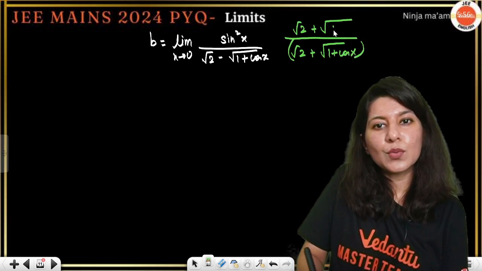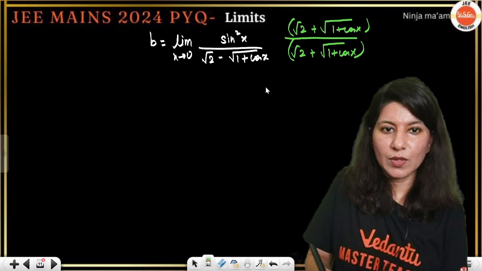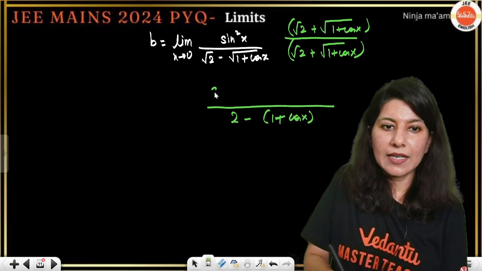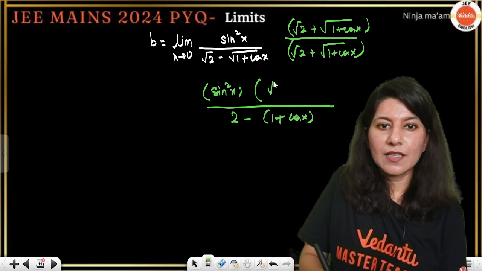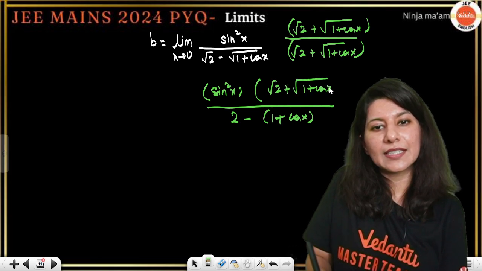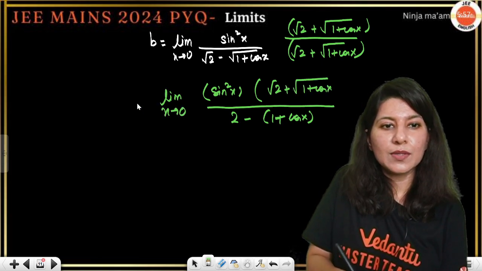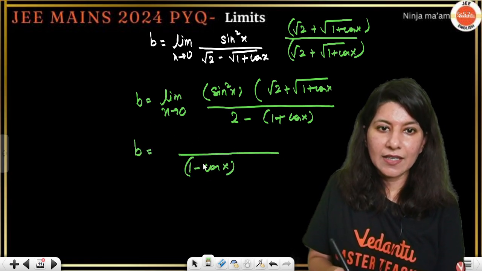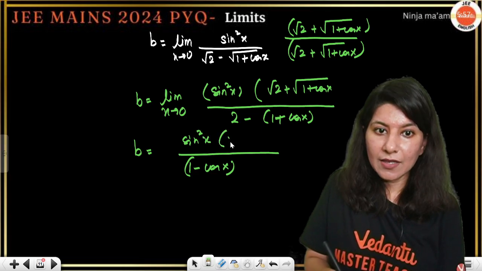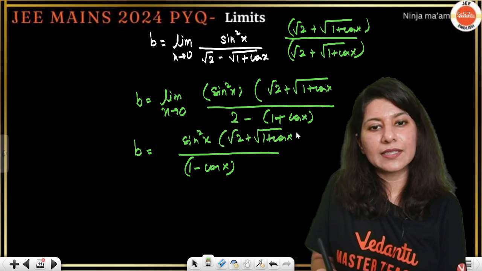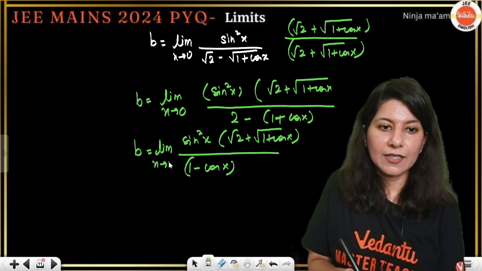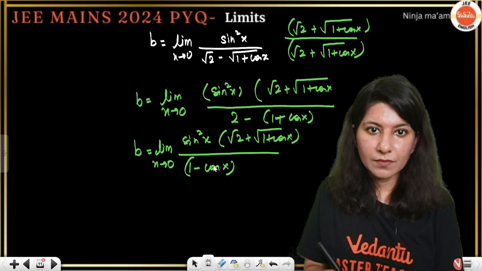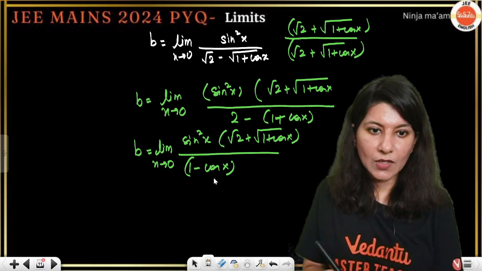So 2 minus 1 plus cos x and sine square x, over root 2 plus root 1 plus cos x, limit x tends to 0. Perfect. Okay. 1 minus cos x, then sine square x, then root 2 plus root 1 plus cos x. Limit x tends to 0. All right.